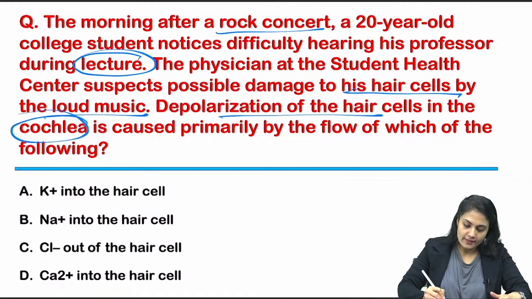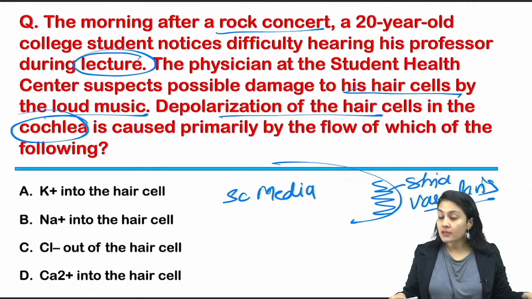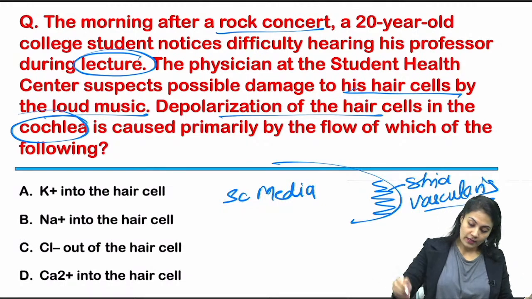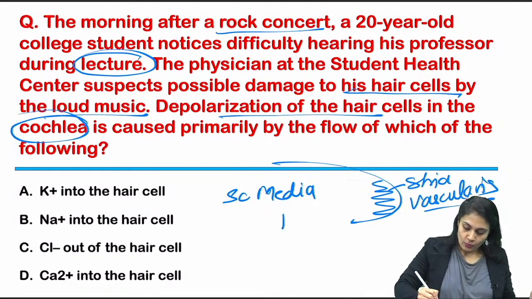First of all, the hair cells are present in the scala media. And the scala media is going to have something known as stria vascularis. This is the special thing about this special sense, that whenever there is a depolarization, what is going to happen in the hair cells, we do have cilia which are attached with tip links.